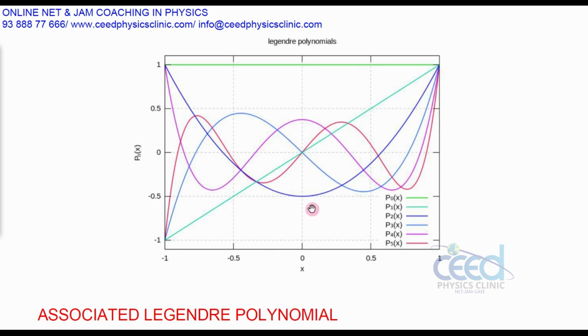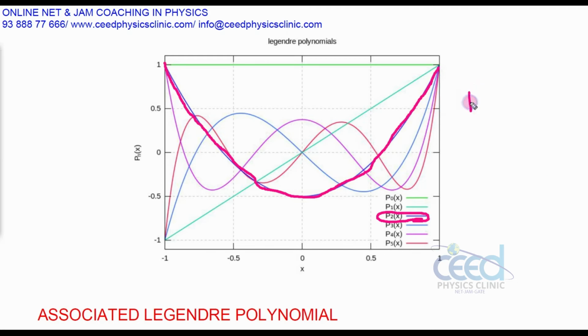Here I have taken the origin, and here I have different values, and you can see the parabola here. This blue line is represented by P2 of x.